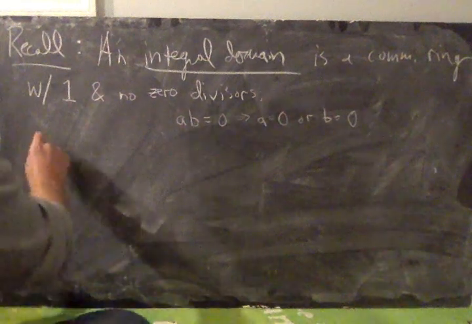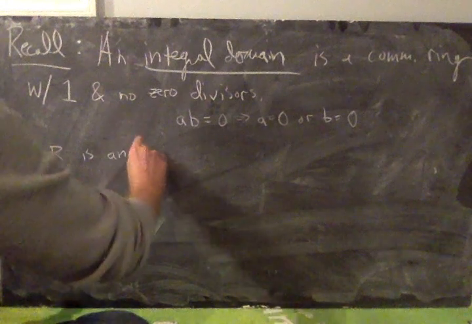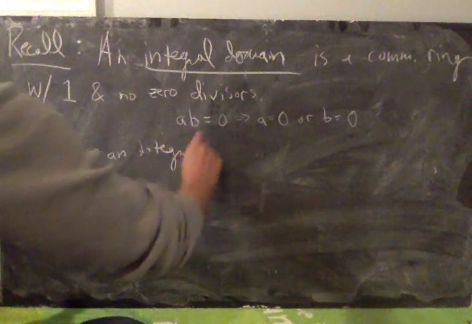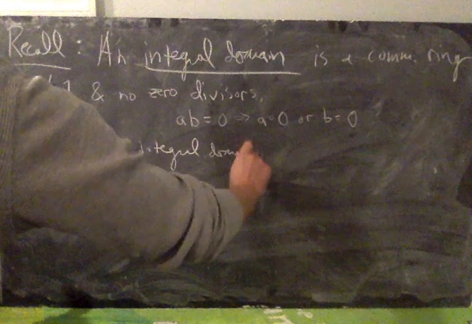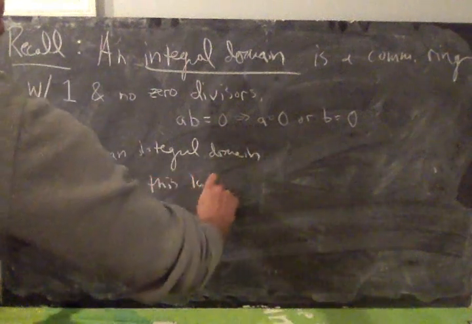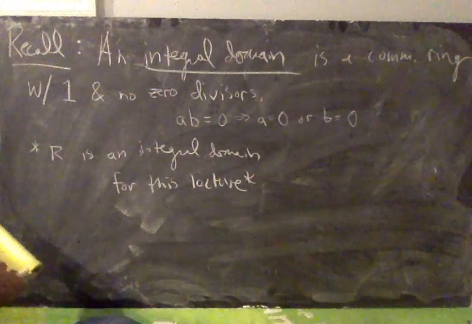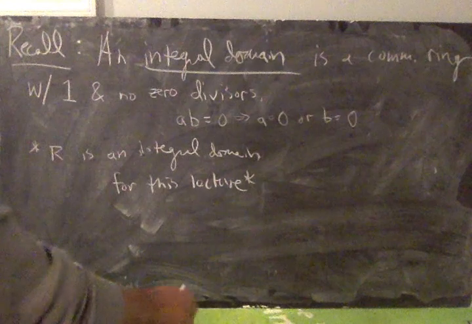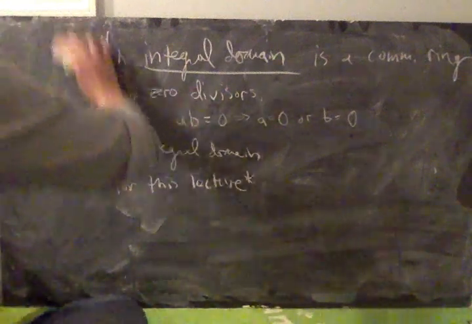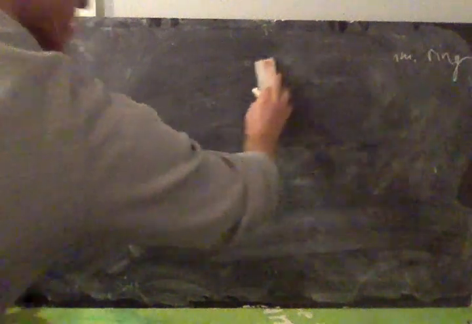For this lecture, R is an integral domain. So R is always an integral domain today. Great. I'll be fighting against board space here, so just bear with me.